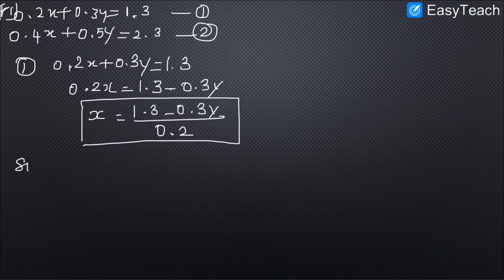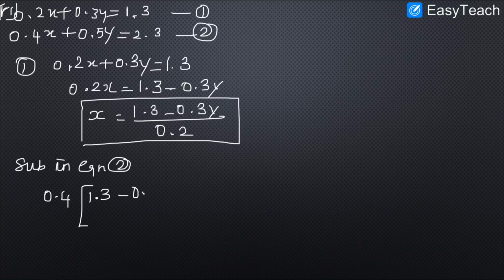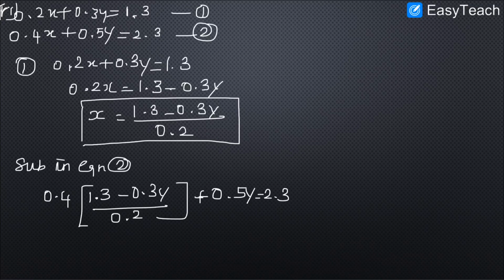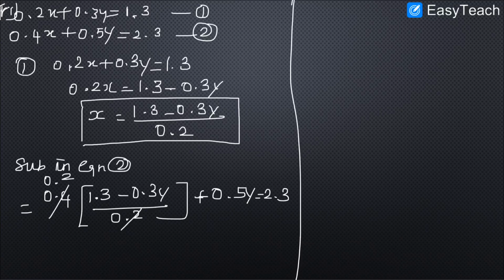Let's substitute in the second equation. So 0.4 into x, I substitute this x value, 1.3 minus 0.3y over 0.2, and the next term 0.5y equals 2.3. Next I am going to cancel these. On top I have 0.2, this is remaining.